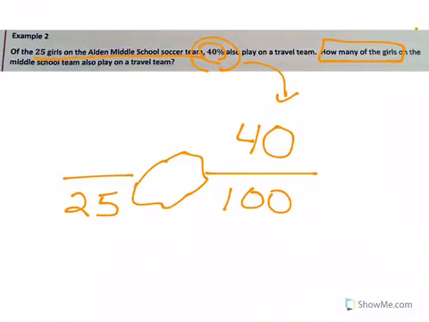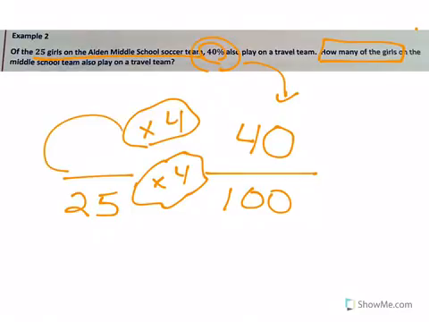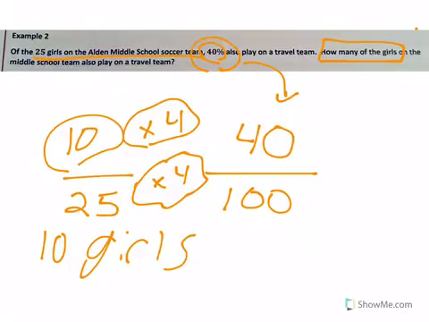So in this case, 25 times 4 gives me 100, but I don't know what would go here times 4 to give me 40. Now, if you know your math facts, you know 10 times 4 gives you 40, and you would know it is 10 girls who also play on the traveling team.